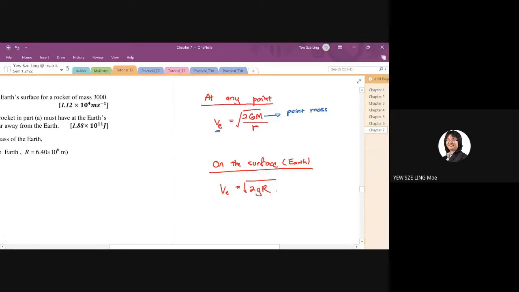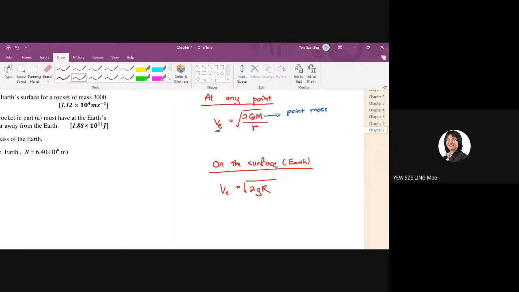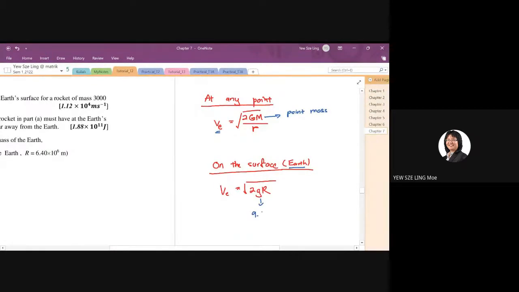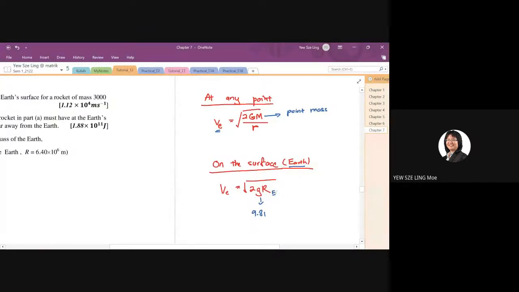Basically, this whole expression is just a constant value. g is 9.81 when it is on the Earth, and R is just R_E. So it's fixed. Regardless of the object, even your laptop: if you want to throw it so that it escapes from the gravitational pull, what is the escape velocity?